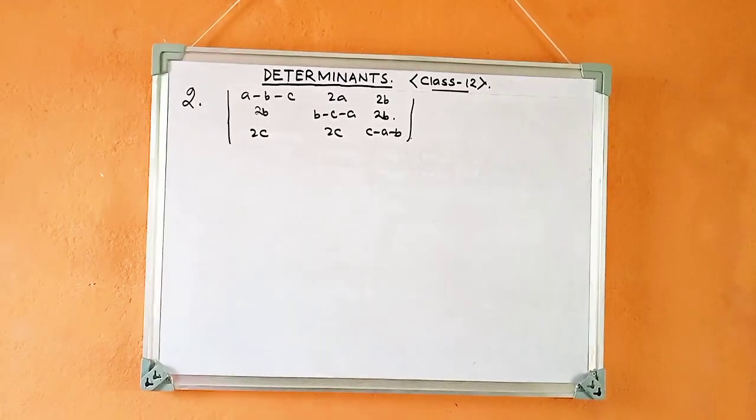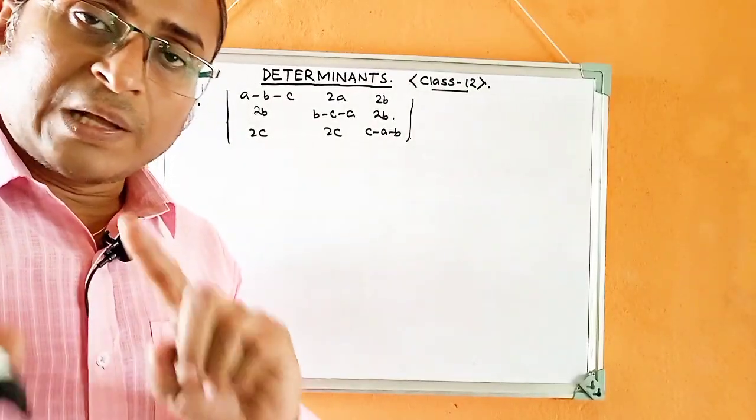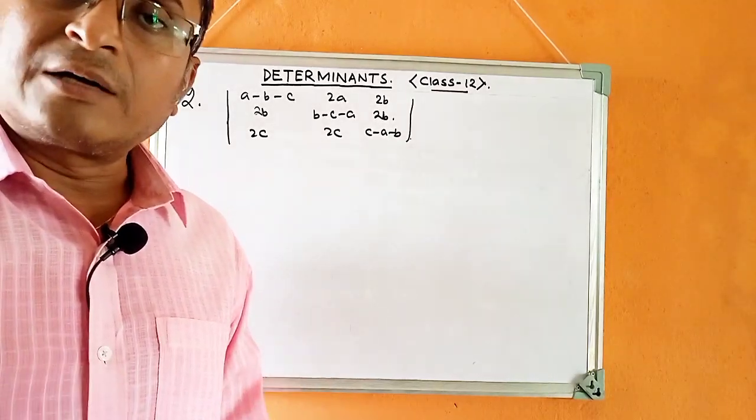First of all, in row 1 we do R1 plus R2 plus R3. That means in row 1 we calculate R1 plus R2 plus R3.